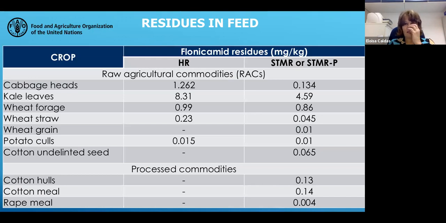Here is some examples for feed. For example, what the animals can eat. Here in Brazil, because the cows in Brazil, we have extensive agriculture.